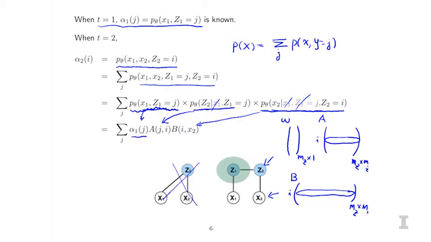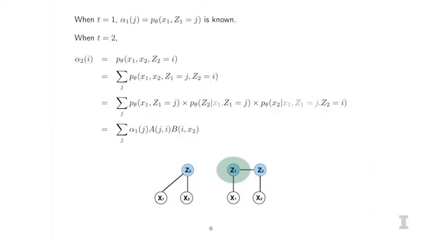So now we finish the computation for t equal to 2. It's a summation over j of those products involving the forward probability at time 1, some quantity from the transition matrix, and some quantity from the emission matrix.